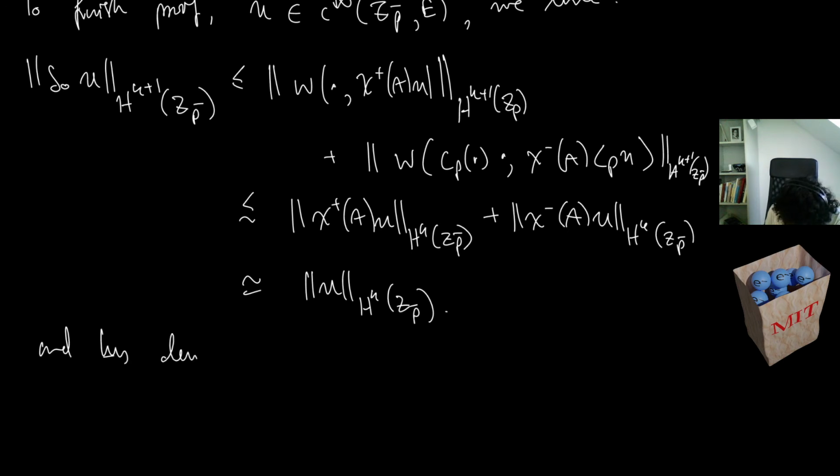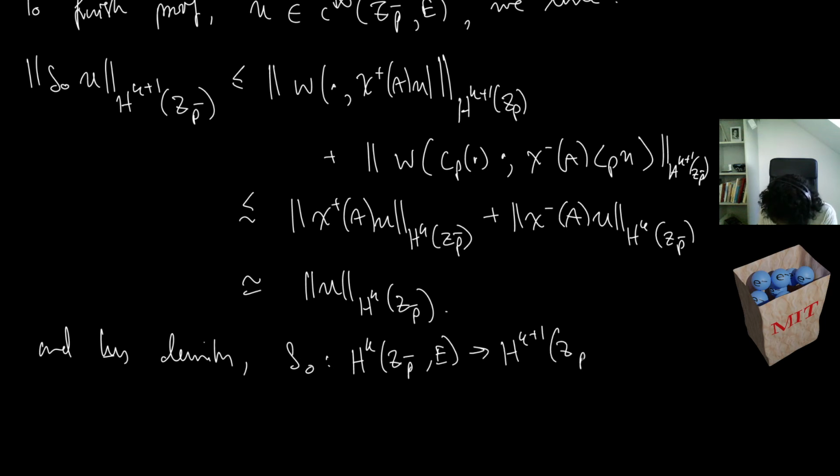And by density, we have that S rho maps Hk Z rho bar of E to Hk plus 1 Z rho bar of E. So this also hopefully justifies to you now why we call this maximal regularity, right?